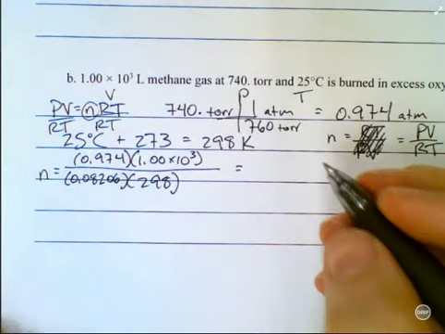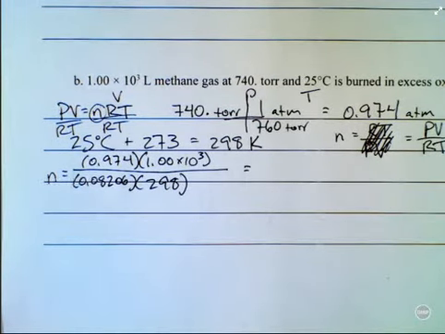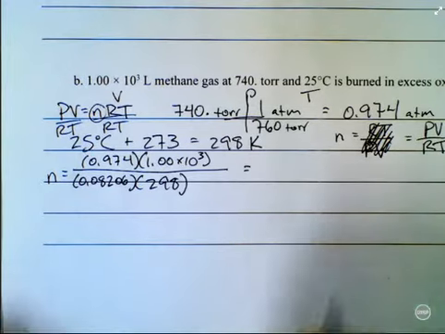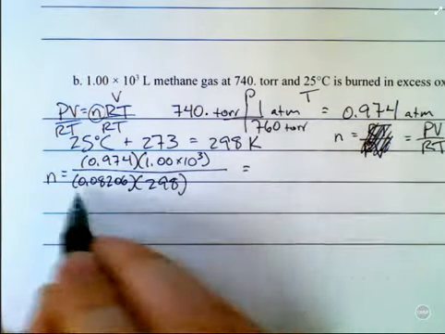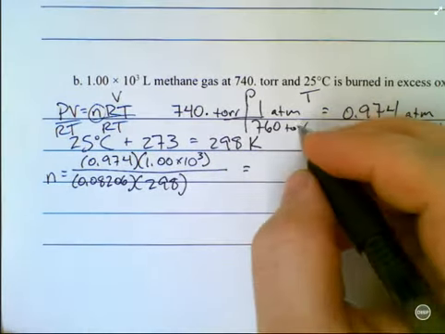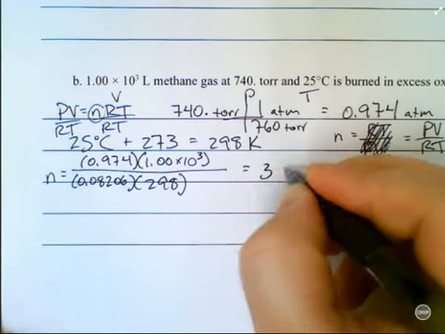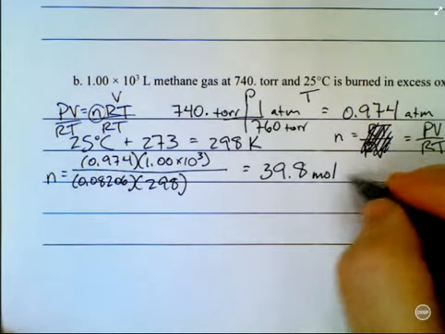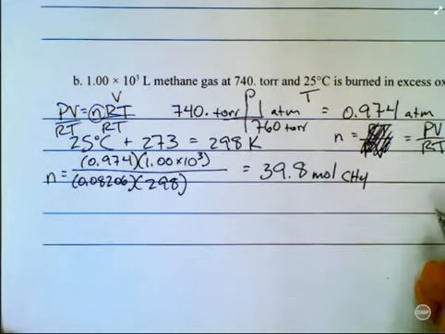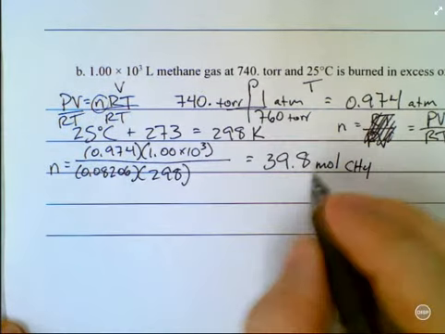Using my calculator skills, and see, I'm going to use three significant figures here. You got 3, 3, 3, 4. So I'm going to use three significant figures, so that'll make it 39.8 moles of methane.